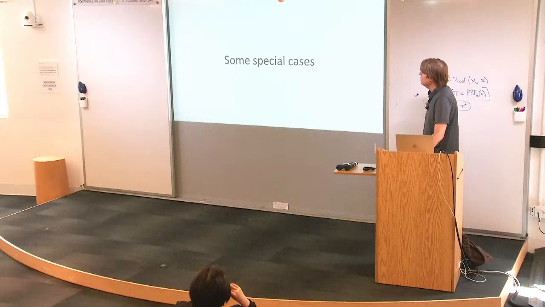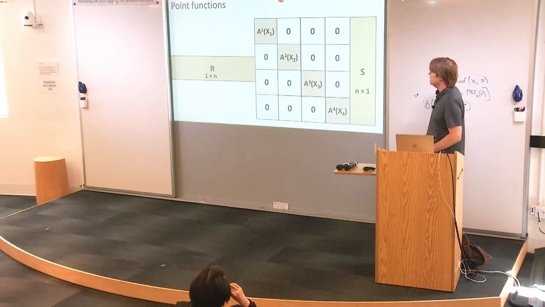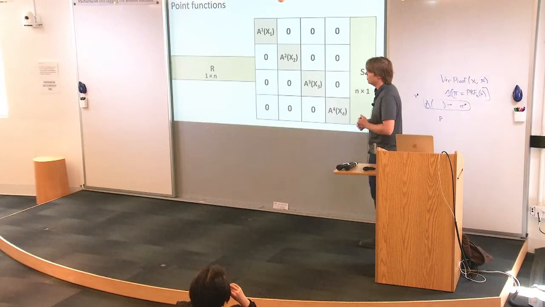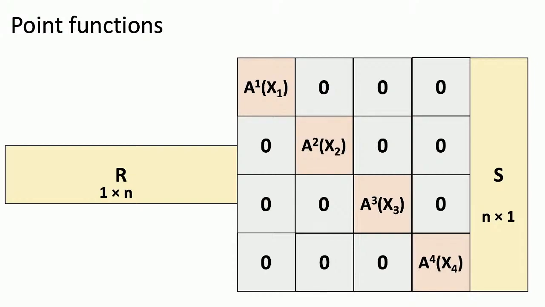Okay, so just to get an idea for the security of this thing, which turns out is not likely to be secure in general, I wanted to run through some special cases. For example, a point function is basically just a big AND. If you take the AND of a bunch of bits, you get a structure that looks like this.